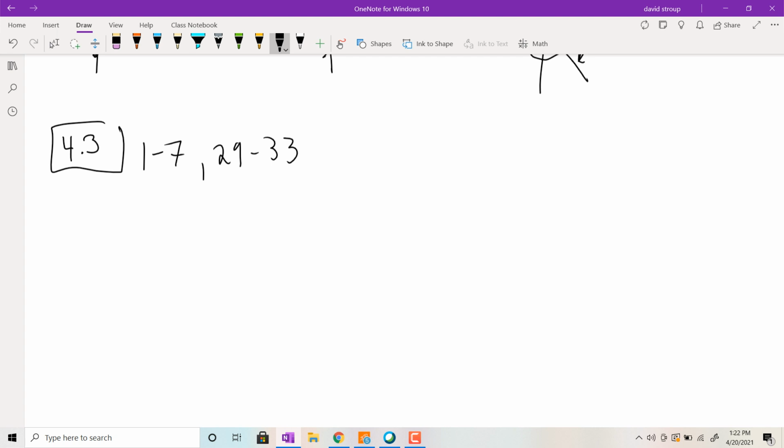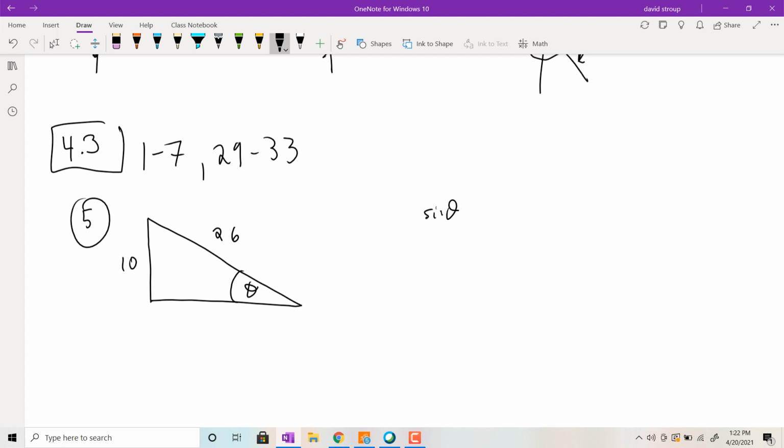What they're going to do in 1 to 7 is give you some information. You have to retrieve the 6 trig functions of a particular angle theta. Here's my angle theta. One side is 26, the other side is 10. And they want you to find sine of theta, cosine of theta, etc.